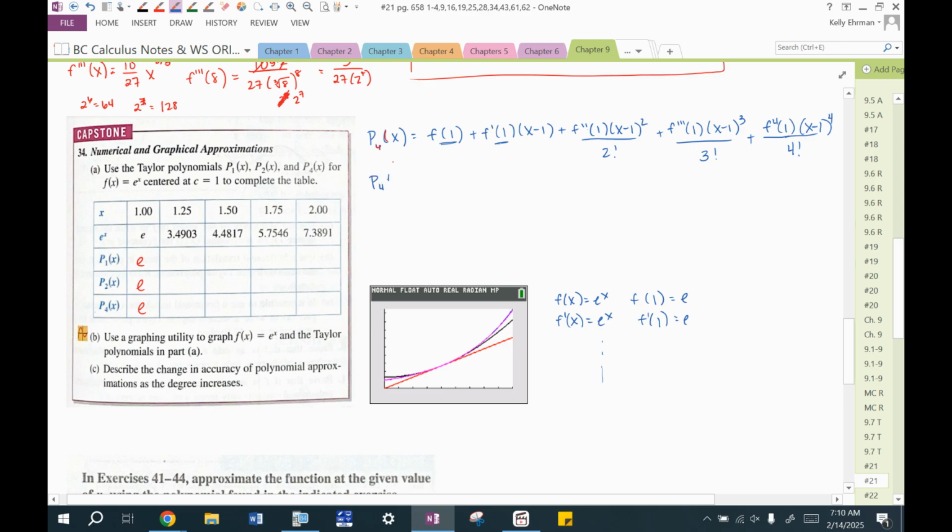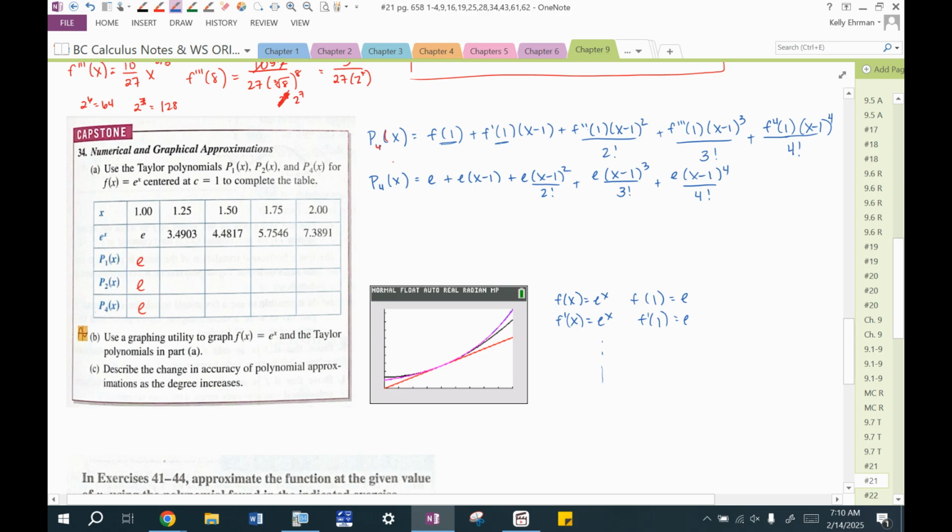So P4 of x is going to be e plus e times x minus 1 plus e times x minus 1 squared over 2 factorial plus e times x minus 1 cubed over 3 factorial plus e times x minus 1 to the fourth over 4 factorial.